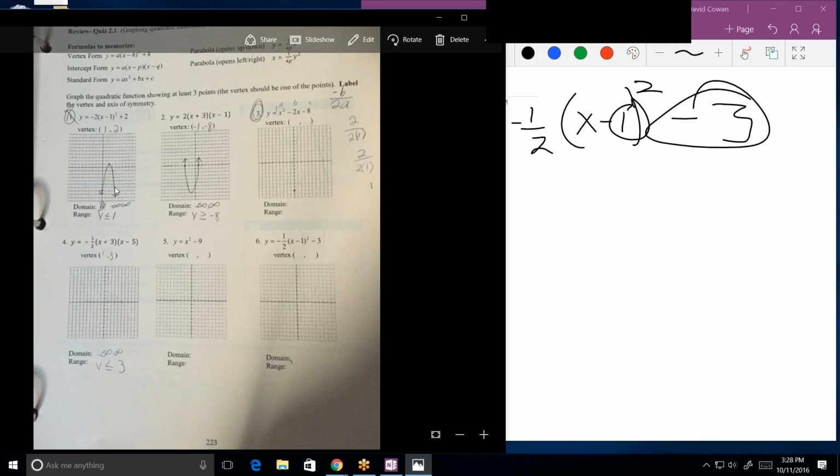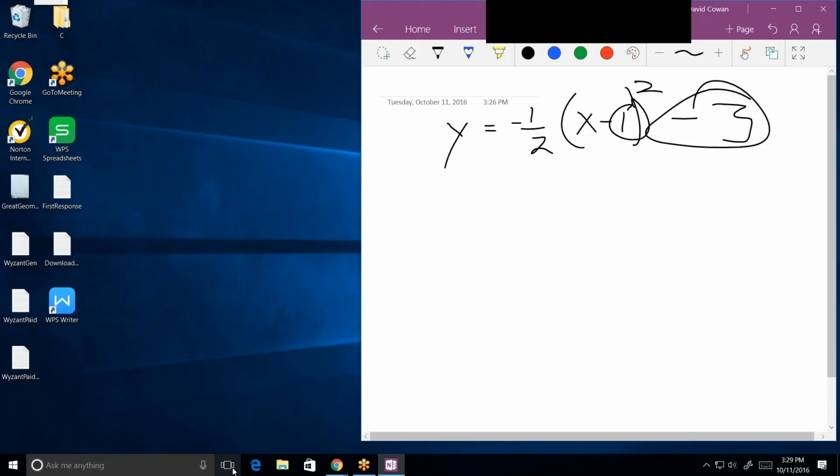And the range is always going to be from either negative infinity to the peak, like number 1, or this point up to positive infinity, like number 2. Perfect, and it's greater than or equal to. That's correct. So, all right, let's leave this page and go to a different one here.